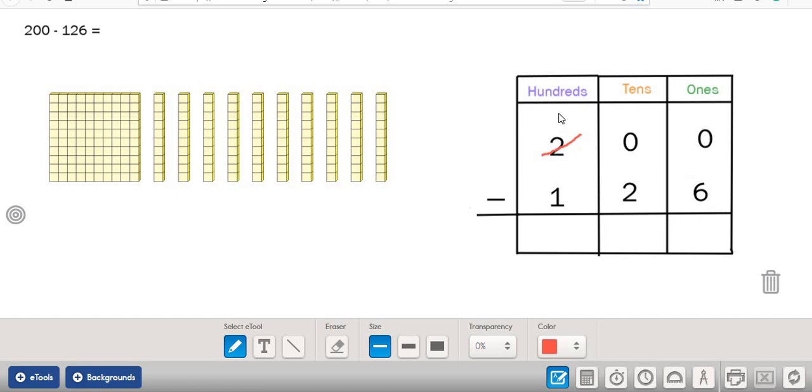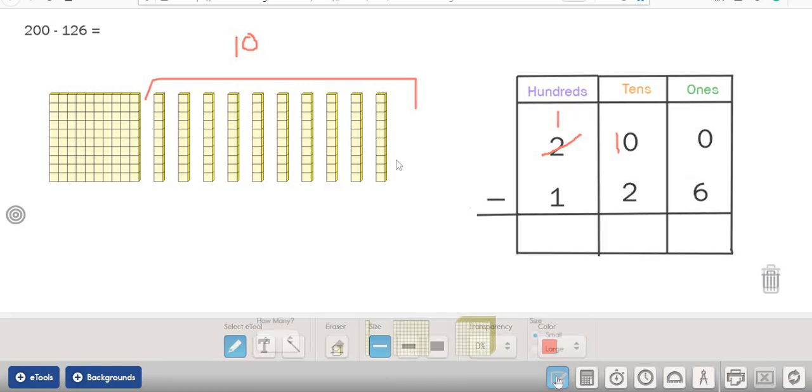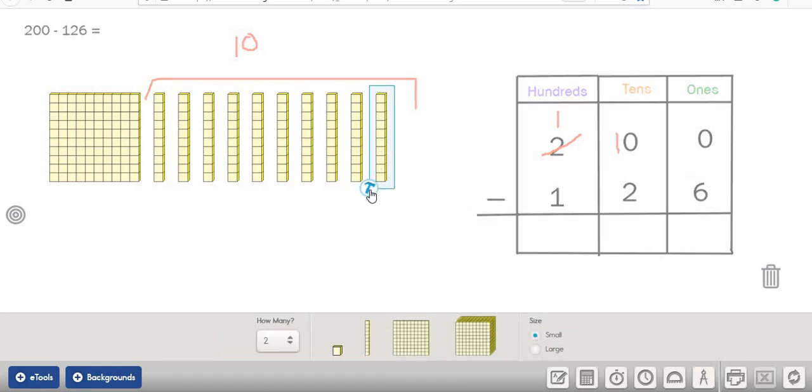So this 2 is gonna be 1. And this 0 is gonna be 10. We have 10 tens now. So good. But we don't have ones until now. So what do you think, grade 2? What can we do? Yes, of course. Now we will regroup 10 tens as 10 ones.